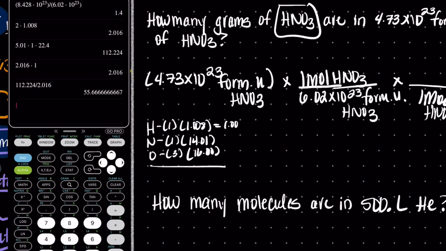Multiply across here. 3 times 16 is a good 48. Multiply across, we're gonna add or summate down. That's gonna come to 63.018, excuse me. Beep.